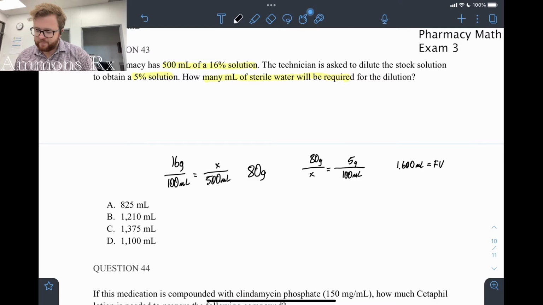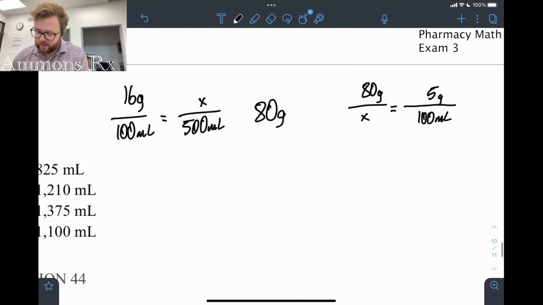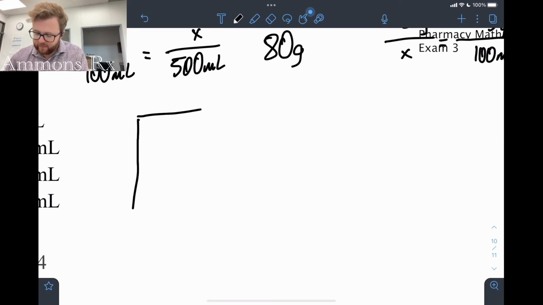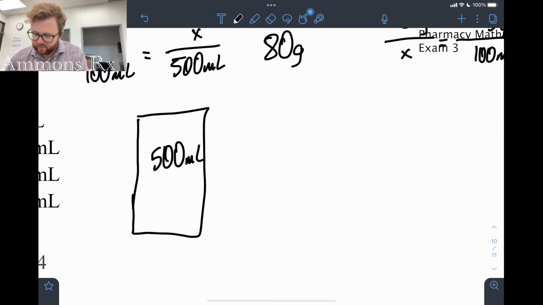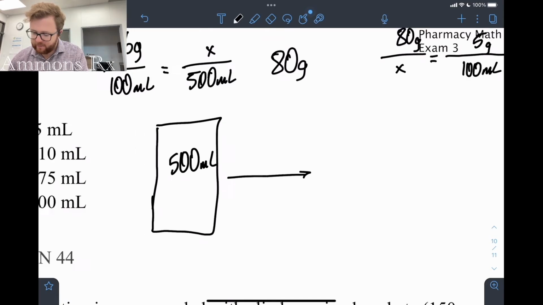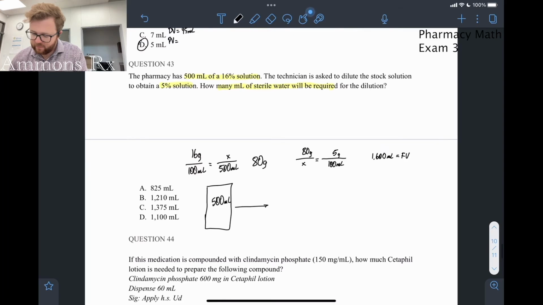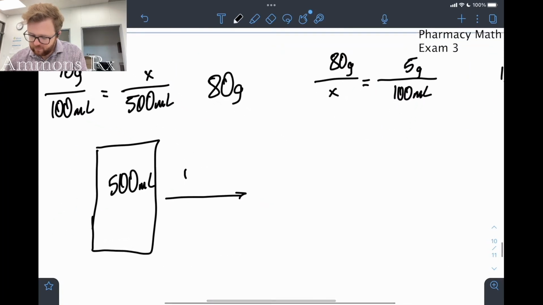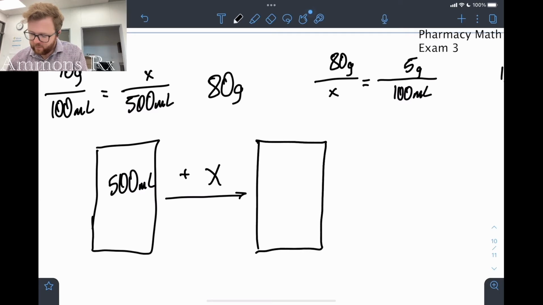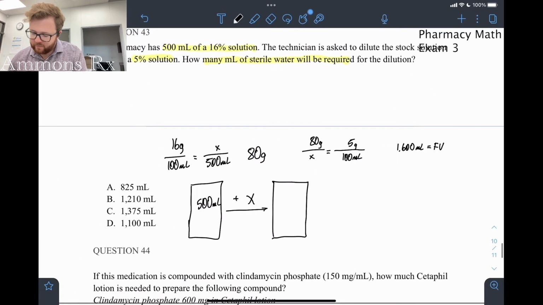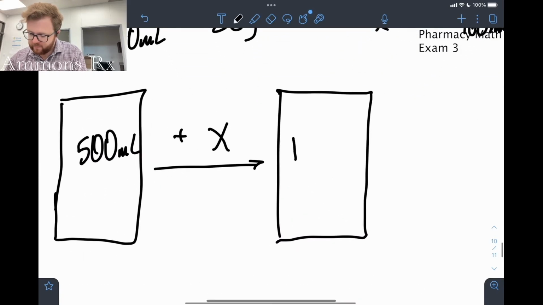So is that my answer? I hope you said no, because we started with a container that was 500 mils, and we did some things to it, and we turned it into, well, this is our unknown. What volume did we turn that to? Well, we turned it into 1,600.